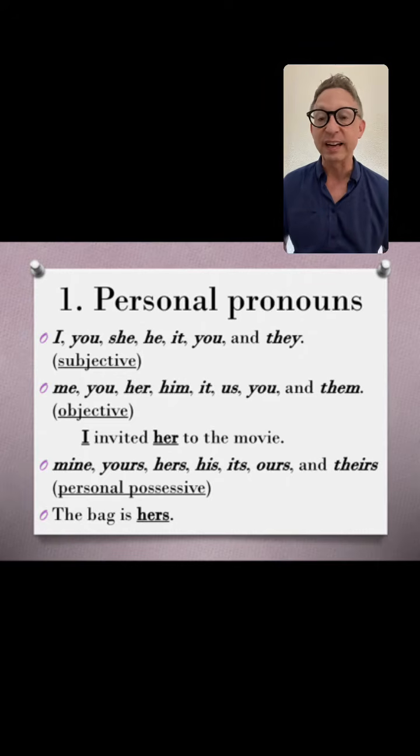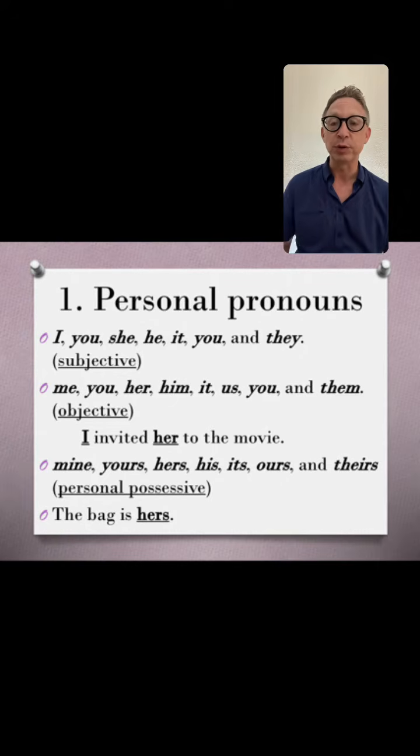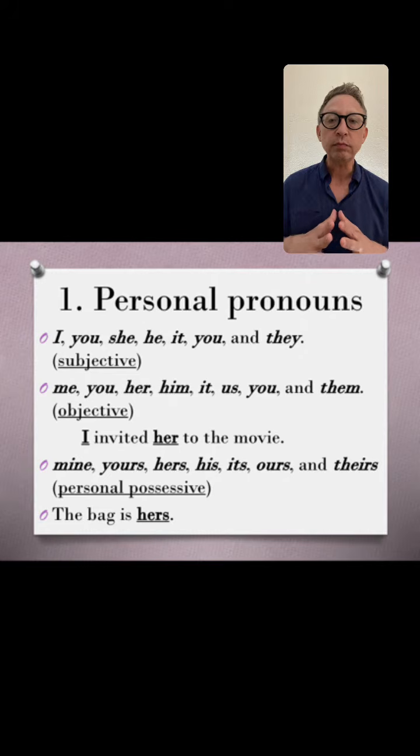And then finally, we have possessive pronouns. Now, this can cause problems for those who aren't intermediate level or higher, and I could talk about them at length in a different live, but these are showing possession. Mine, yours, hers, his, ours, theirs. So the bag is hers.